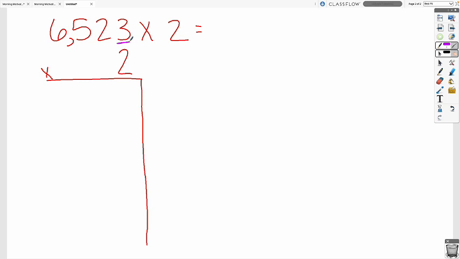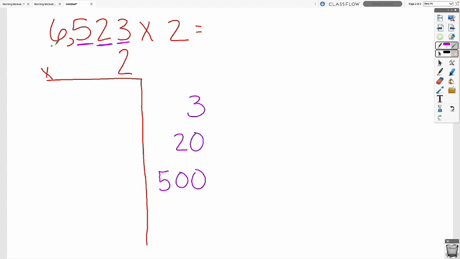So the value of 3 is what? I hope you said 3. And I'm going to make sure that I space it out so I can keep all of my place values lined up. The value of the 2 is, did you say 20? Good job. The value of the 5 is what? 500.